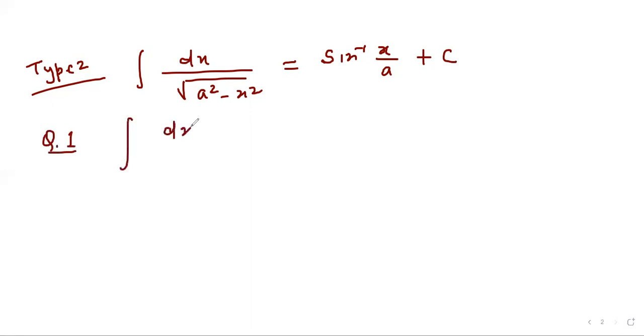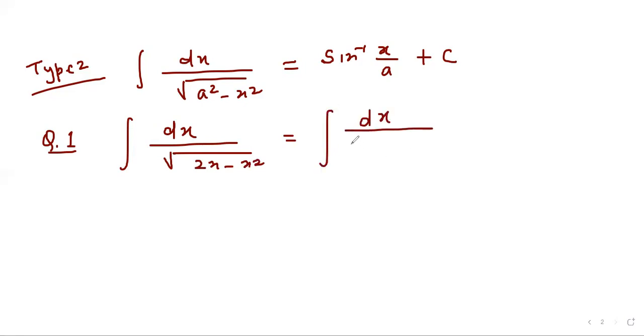Integration dx divided by root of 2x minus x square. So this will become integration dx divided by root of, if we write minus sign common, then x square minus 2x, and then we can add plus 1 to make it perfect square, and then minus 1.